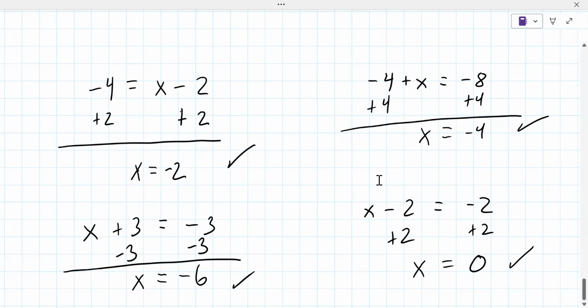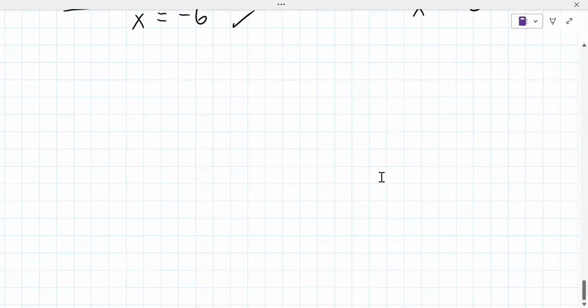So okay, let's talk about multiplication and division problems now. Again, if I give you something like x divided by 2 equals -3, you undo division with multiplication, and you multiply by the number that's on the bottom here.